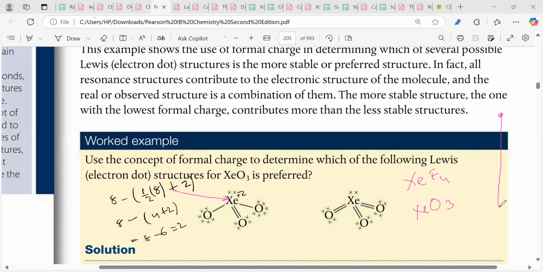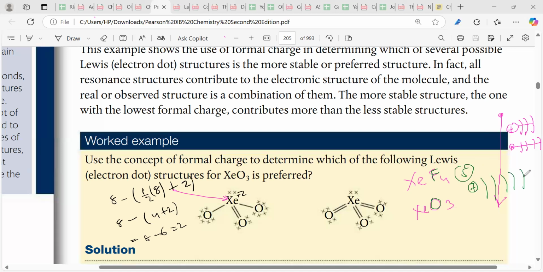When you go down the group, what happens? The outermost electron will be going far away from the nucleus. The noble gases do not want to gain or lose electrons because they have a complete octet, right? But in the presence of highly electronegative elements such as oxygen and fluorine, they are sometimes forced to form a bond, because xenon is in period number 5, so there are 5 orbits.